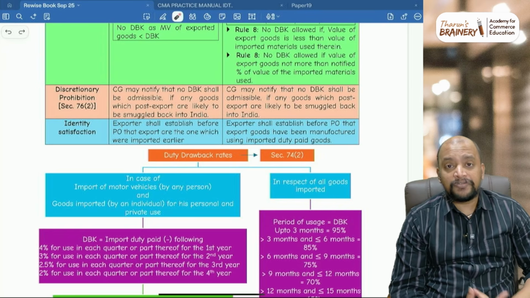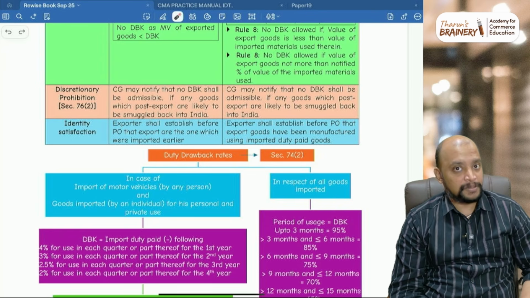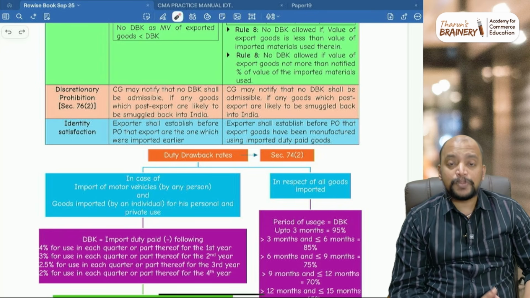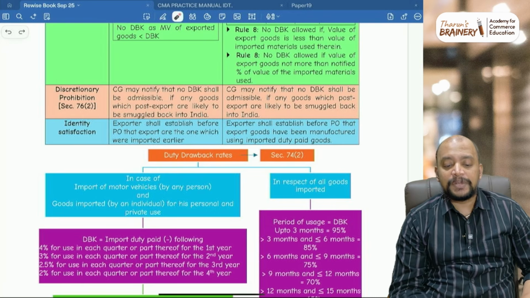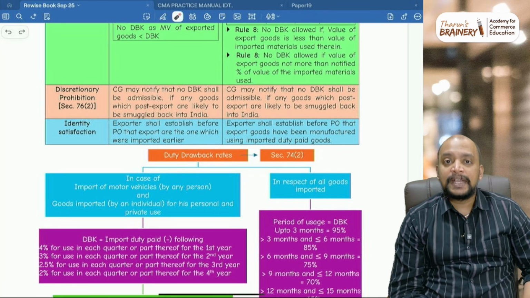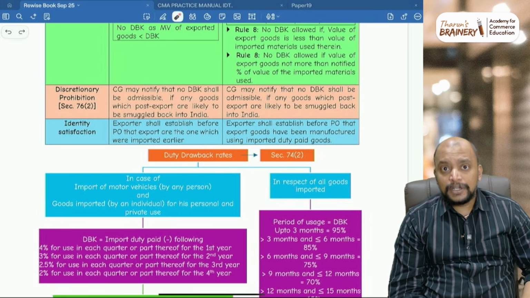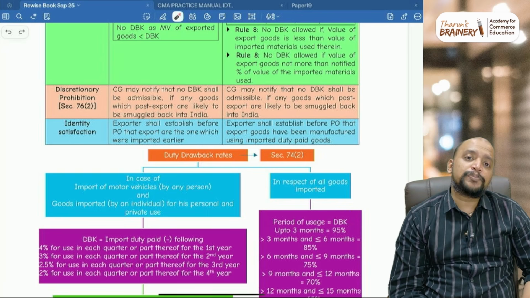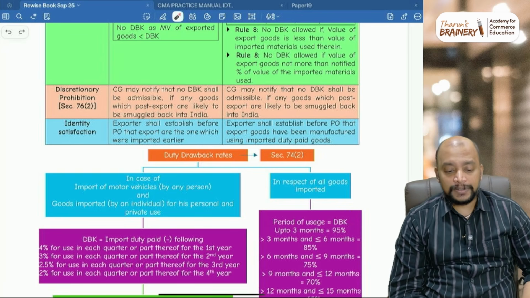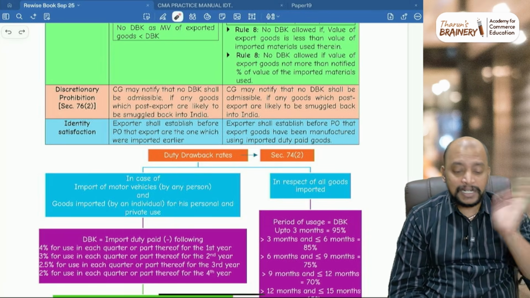Central government may notify that no duty drawback shall be admissible if any goods which, post export, are likely to be smuggled back into India. Then identity satisfaction: the importer should prove that whatever imported goods are the ones that were exported. The exporter shall establish before the proper officer that the exported goods are the ones which were imported earlier.